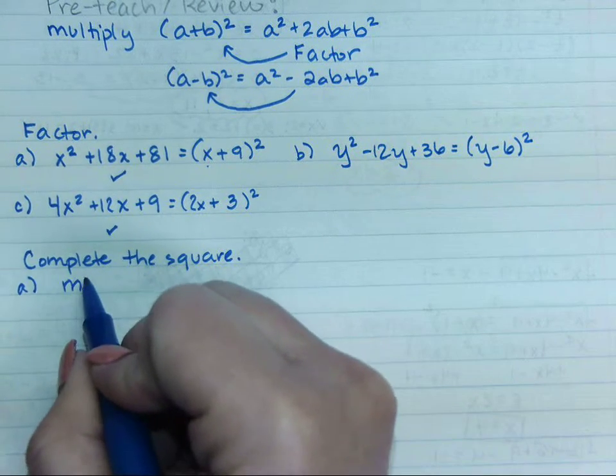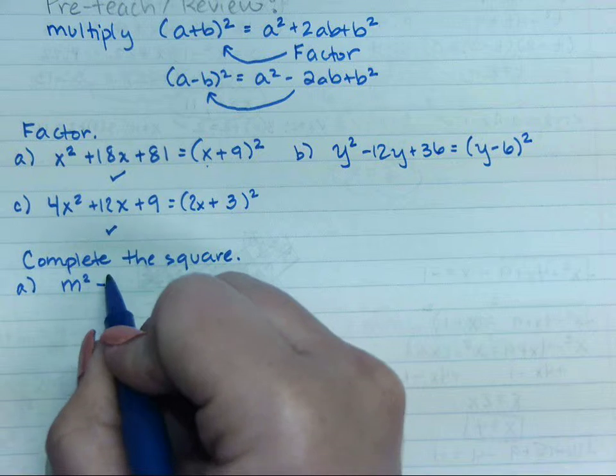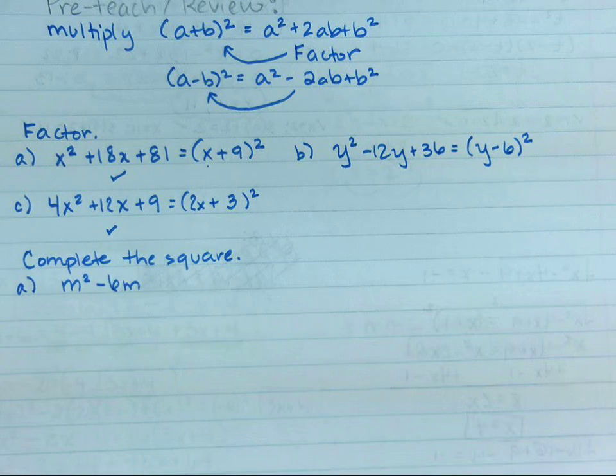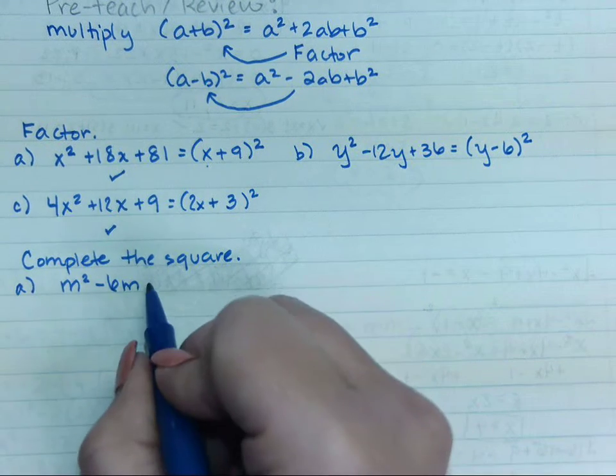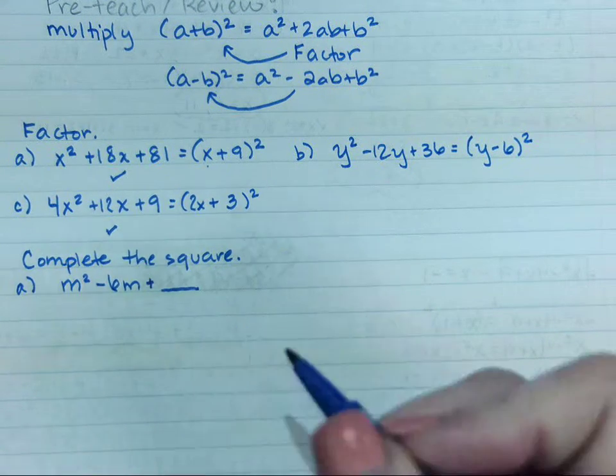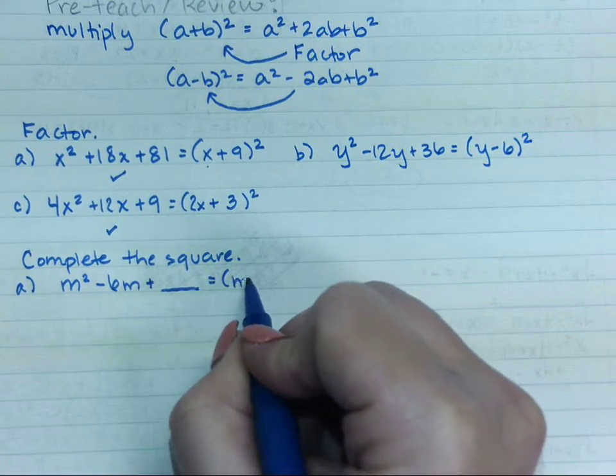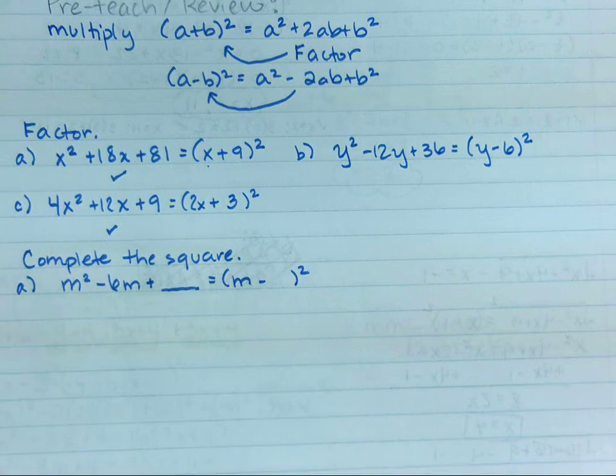So if you have m squared minus 6m, that's only 2 terms. So what I'm trying to figure out is what do I need to add to this to be able to write it like that. So now I have to actually add something to this binomial to make it a perfect square.